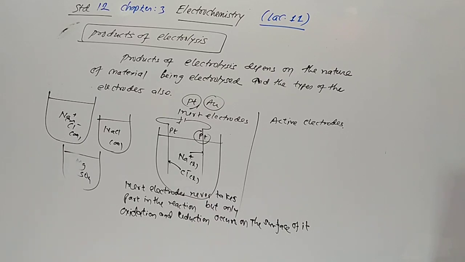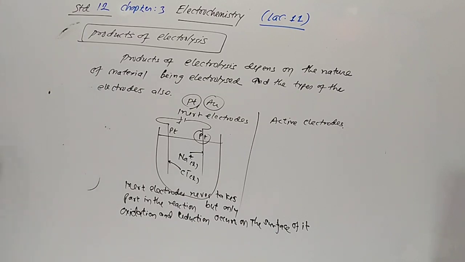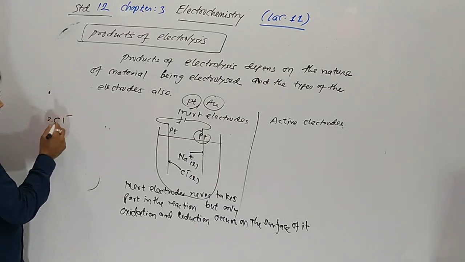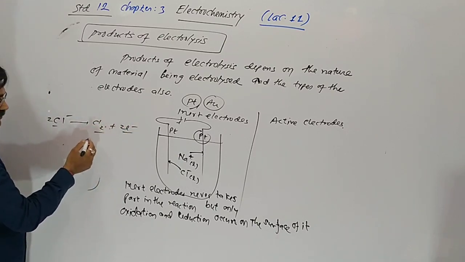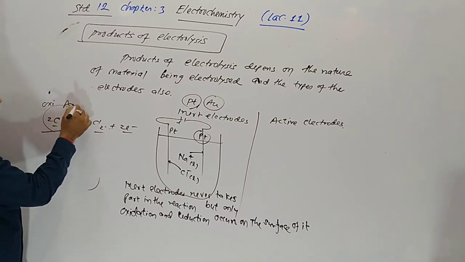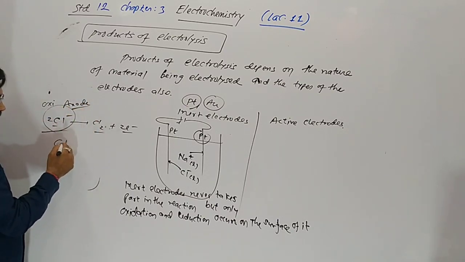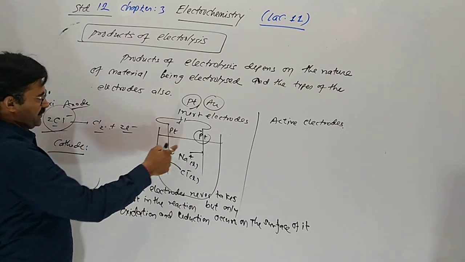Here chloride comes to the anode. What happens actually is that the chloride ion on the anode loses 2 electrons. So you can see this is oxidation on the anode. Now on the cathode, platinum is inert, so it is not taking part in the reaction.